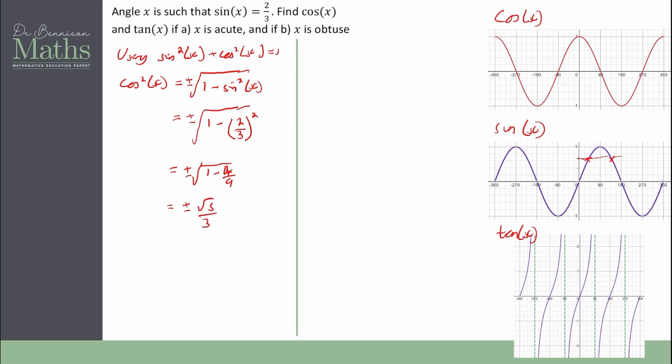Now, if x is acute, then that means the angle is between 0 and 90. And from the graph of cos, we can see that root 5/3 must be up here somewhere.